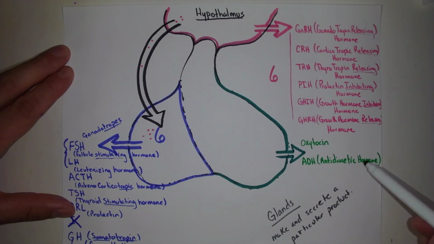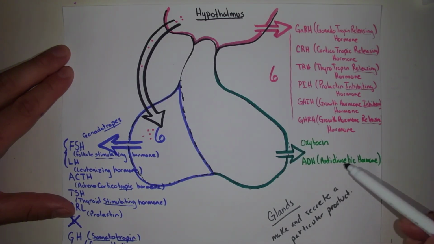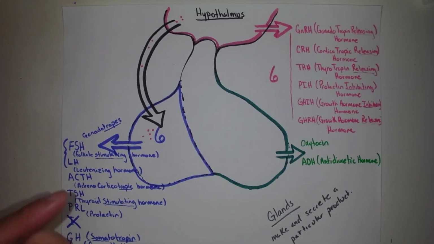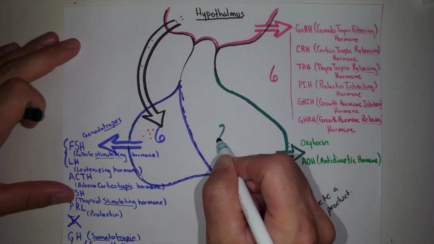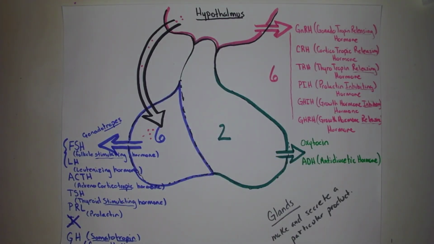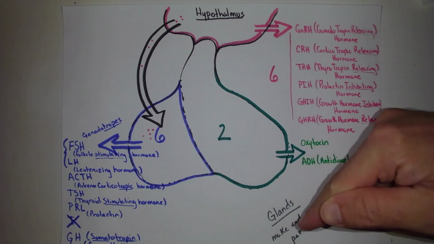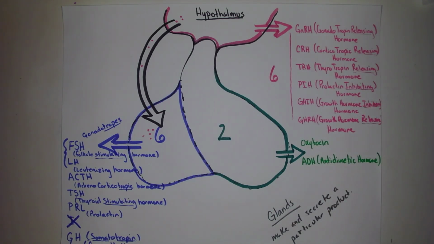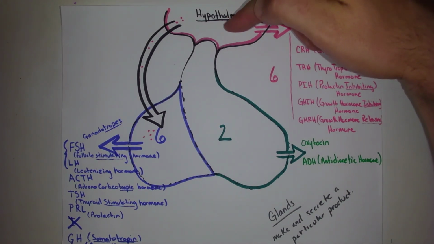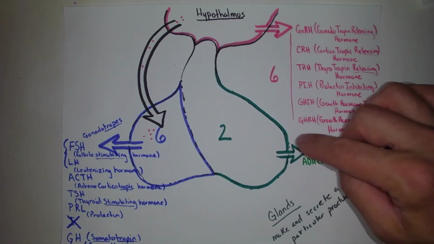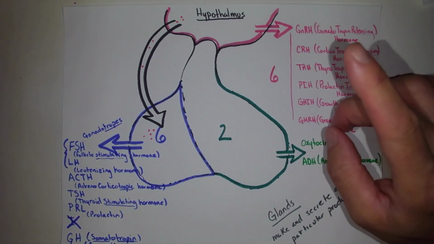Now, there's a point of confusion here with these two, because they're made by the hypothalamus, but they're released by the posterior pituitary. Now, one or more cells that make and secrete a particular product. These cells make the product here, but they send axons down and release it from a different organ. The rule still applies.